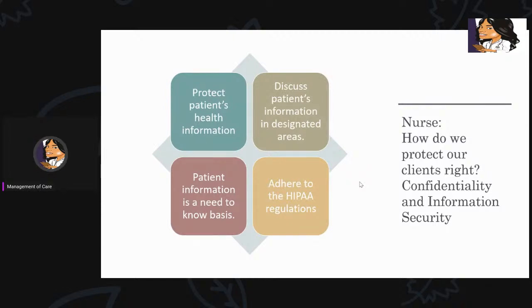Should I be telling another nurse? Should I be gossiping about a patient? No. Make sure you always adhere to the HIPAA regulations. If they are not working directly with that patient, then they should not be asking about that patient, and you shouldn't be discussing that patient's health information with them. Make sure you remember that.